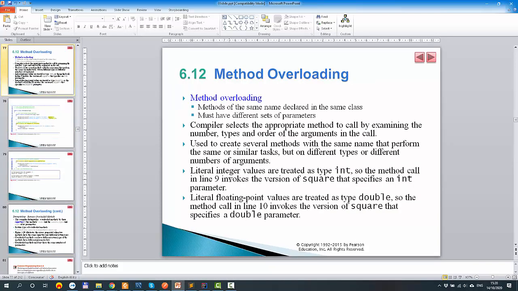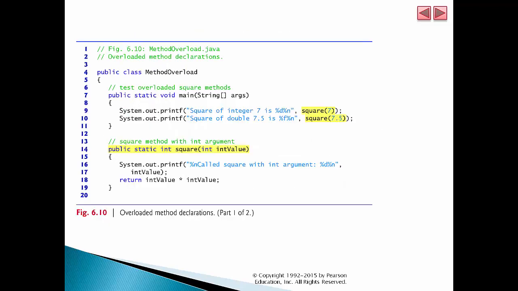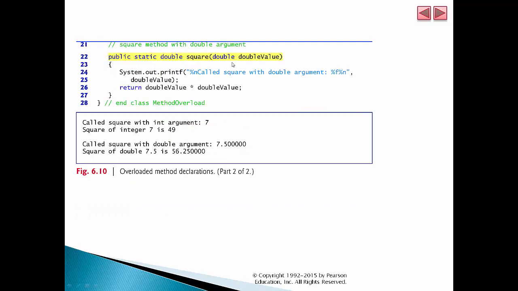Okay, good. So think about method overloading. Method overloading means that you can create functions with the same name but a different set of parameters. Depending on the input types and their order, Java will know exactly which method to execute. For example, you've got two square methods here: square, which takes an integer, and square, which takes a double.